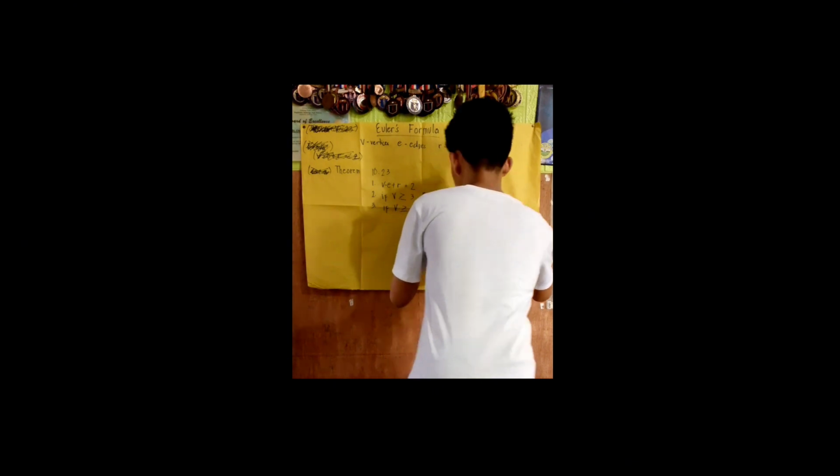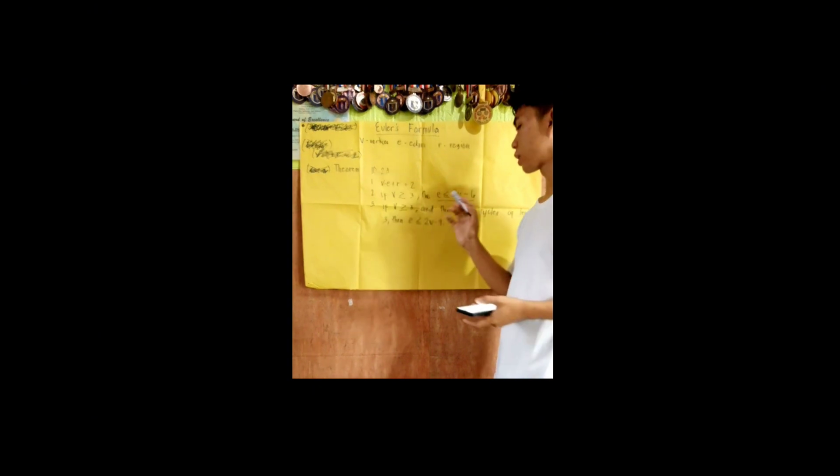And in rule number 3, if B is greater than or equal to 3 and there are no cycles of length 3, then E is less than or equal to 2B minus 4.